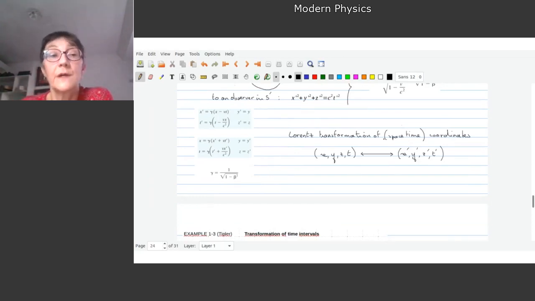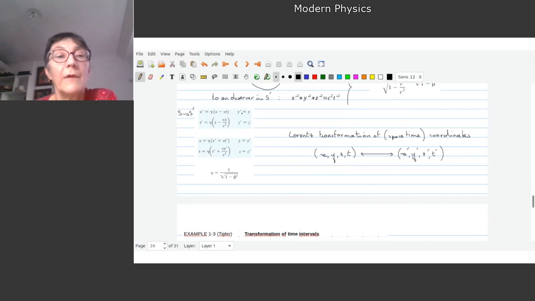We have space-time because time is part of it. This is the fourth dimension. And so you pass from the position and time in S to the position and time in S prime.